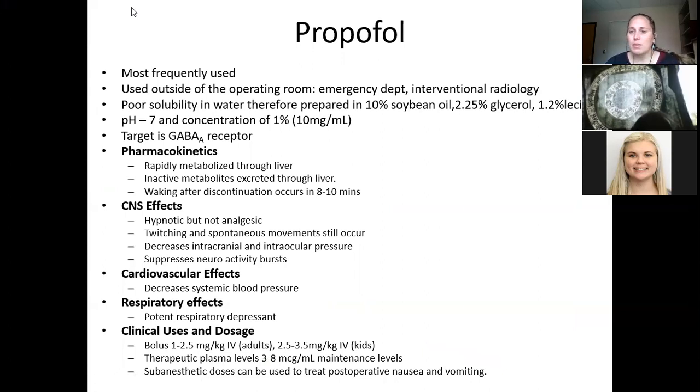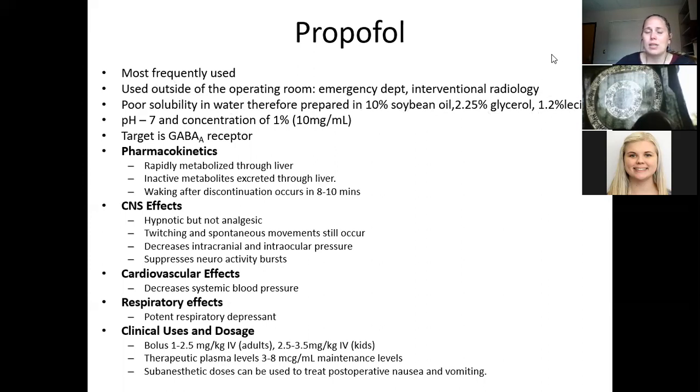So probably the most common, most frequently used is going to be propofol. It's obviously used in many operating procedures, but can be used outside of the operating room. The examples given in the text were things like in ER or interventional radiology. Because it is so lipophilic, it has to be made up in soybean oil, glycerol, as well as lecithin.